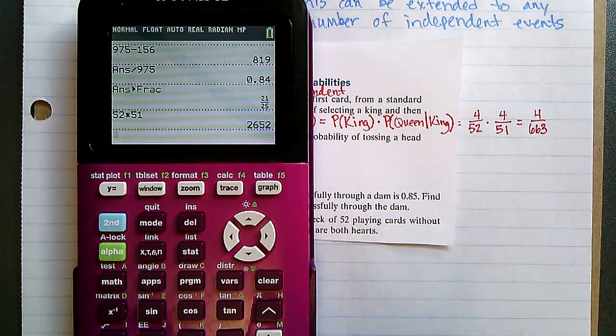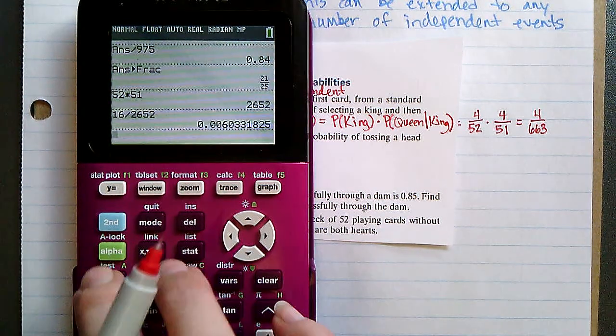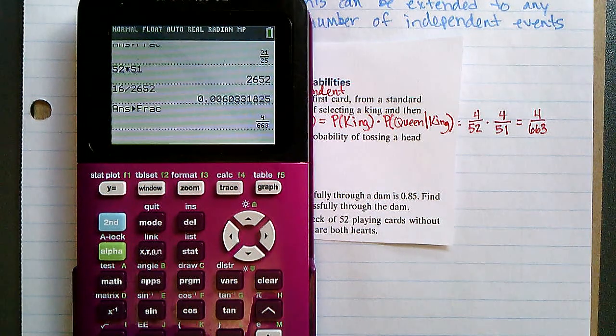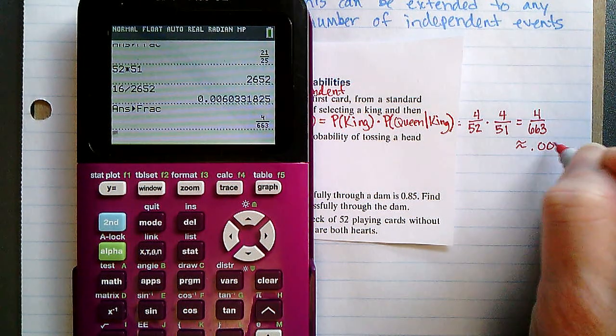Because when I simplify 16 out of 2652, I get 4 out of 663, or approximately 0.006.